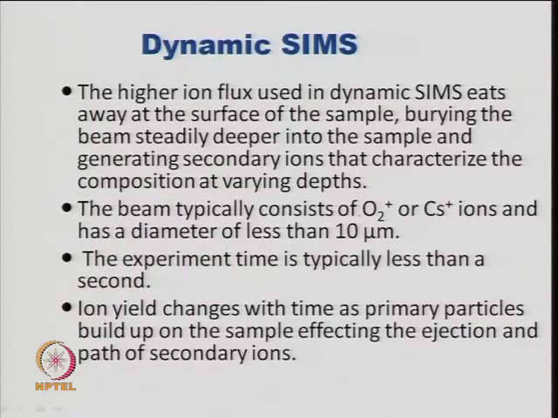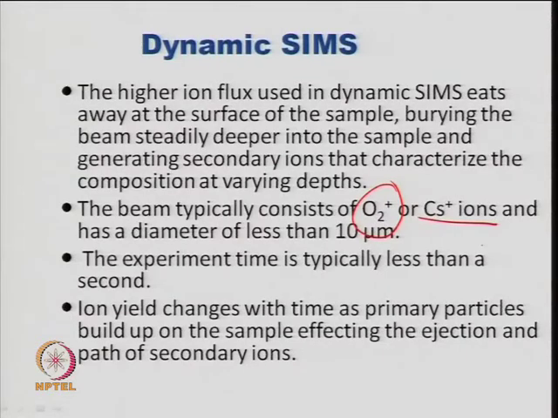Here the beam typically consists of oxygen plus or cesium plus ions, which have a diameter of less than 10 micron. These are related to the diameter of the primary beam ions. In the earlier case it was of the order of millimeter, nanometer like that. So, different beam diameters, and then you can get the analysis of the surface.